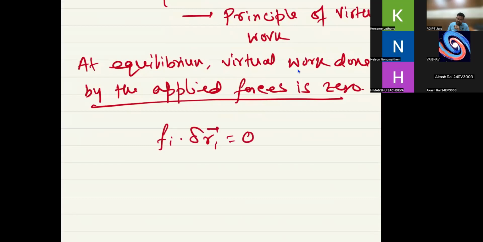But can you tell me in which cases this value won't be 0? Anyone? Or can you tell me why we are considering this term as 0?